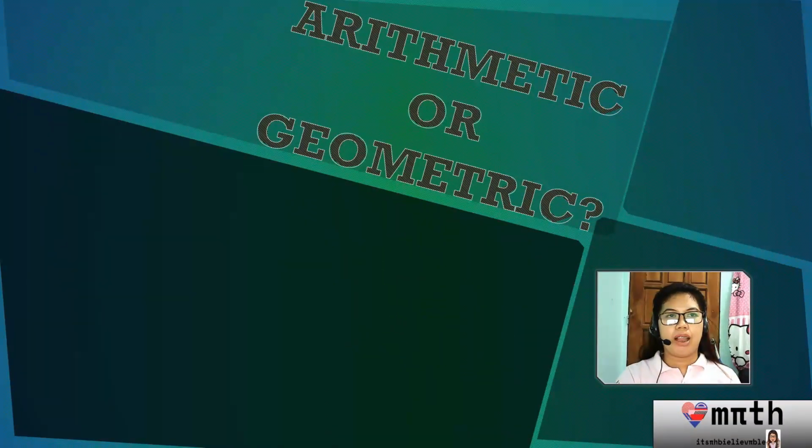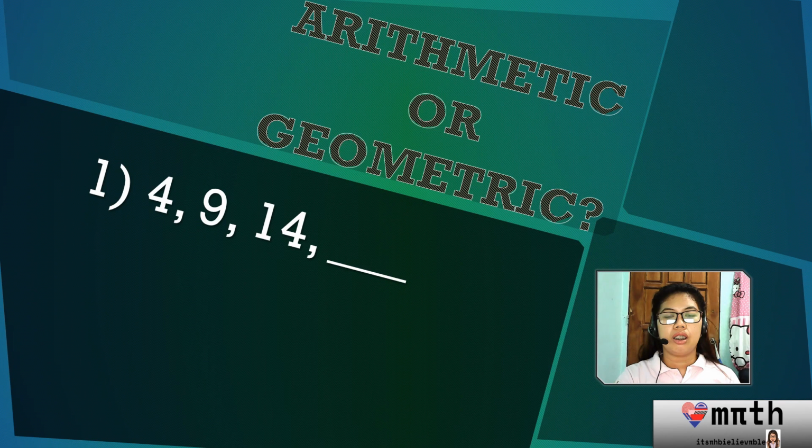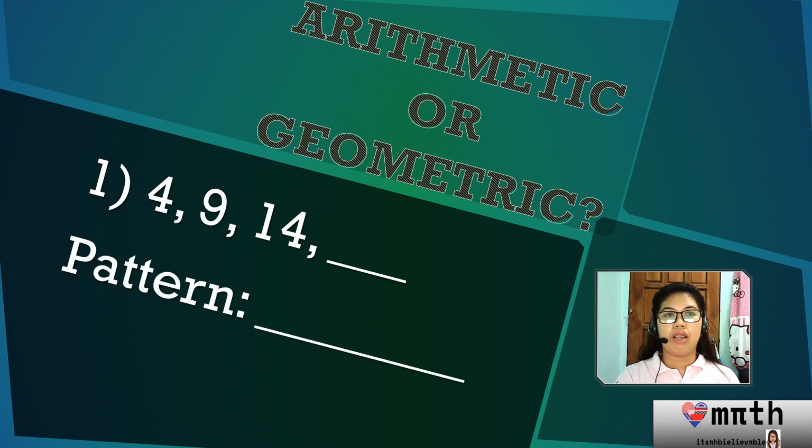Okay, so let us have an example. Let us determine whether the sequence is an arithmetic sequence or a geometric sequence. For number 1, like the example a while ago on the activity, which is 4, 9, 14, and we have the pattern which is by adding 5, and the last number which is 19.